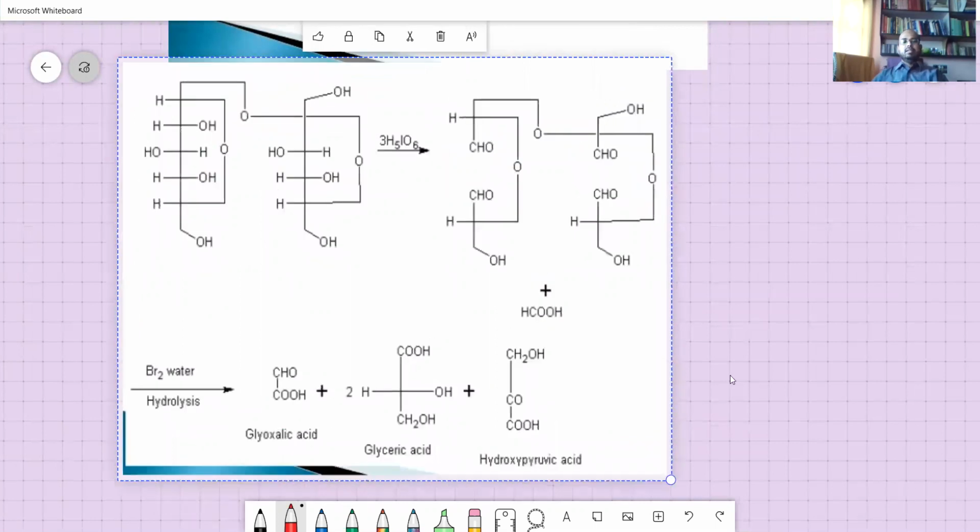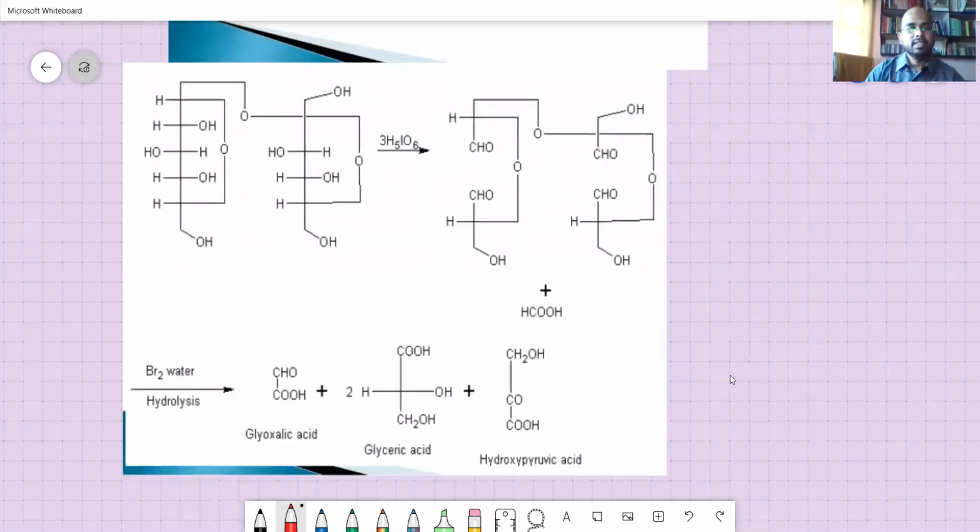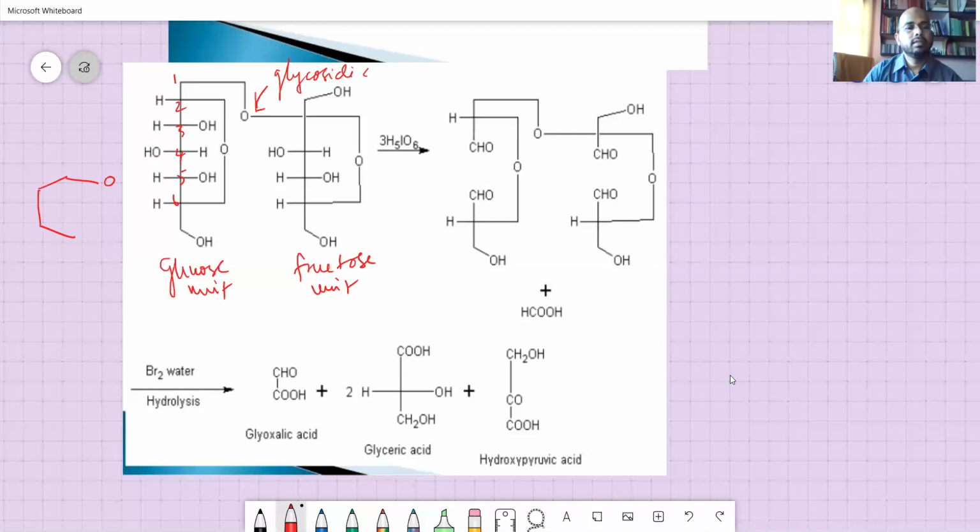All right. What has happened here finally? So it is the glucose unit and it is linked by glycosidic linkage to fructose unit. Glucose unit, fructose unit. Okay, so here you can start numbering 1, 2, 3, 4, 5, and 6. Like this. This is the glycosidic linkage.